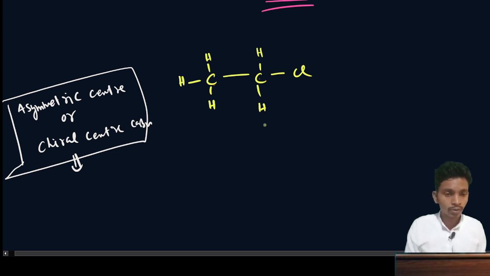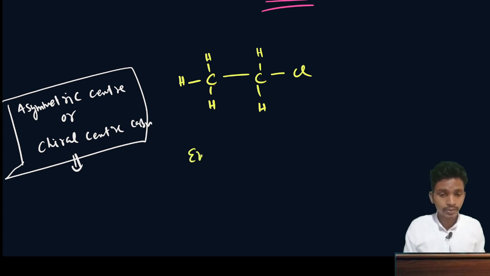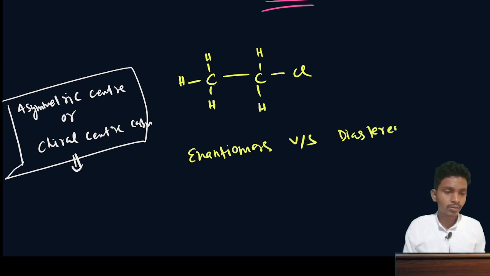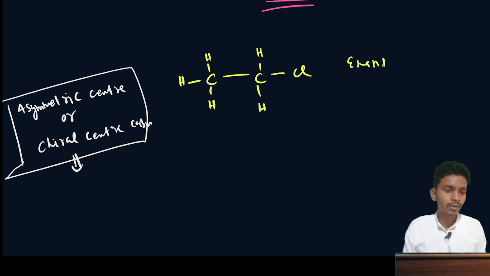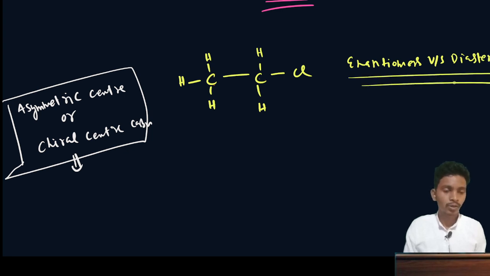So note that first is enantiomer versus diastereomers. For this, you use the chiral center, on the basis of the chiral center or asymmetric center.